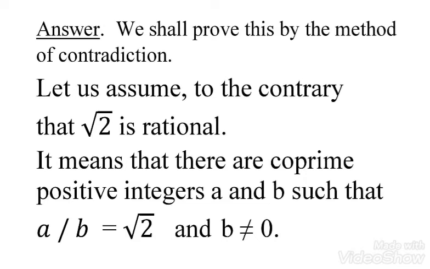It means a upon b is equal to root 2. It means that there are co-prime positive integers a and b such that a upon b is equal to root 2 and b is not equal to 0. Are you following it?